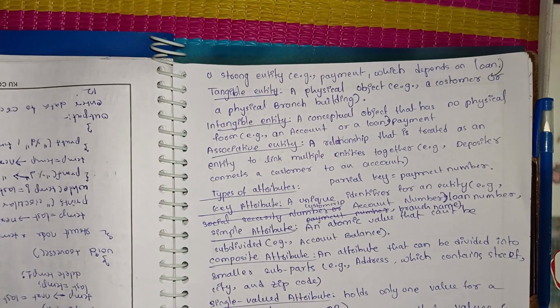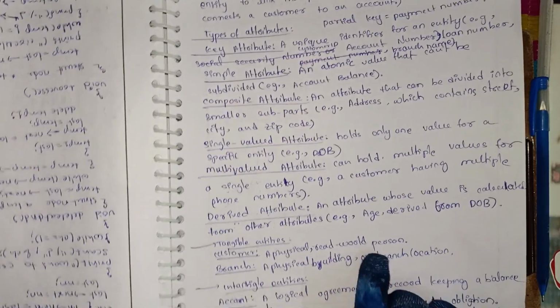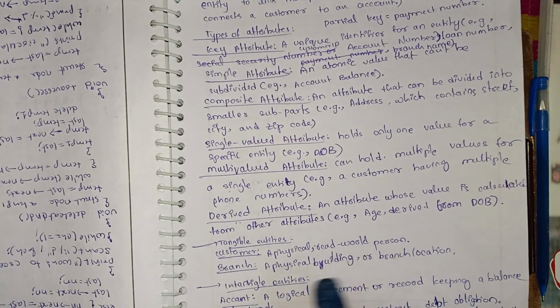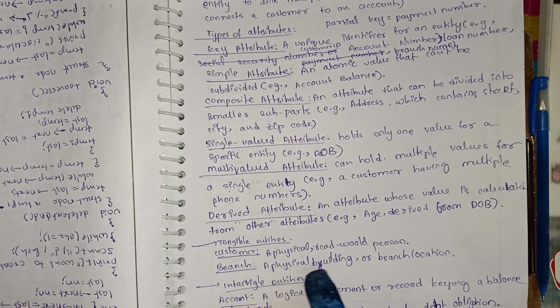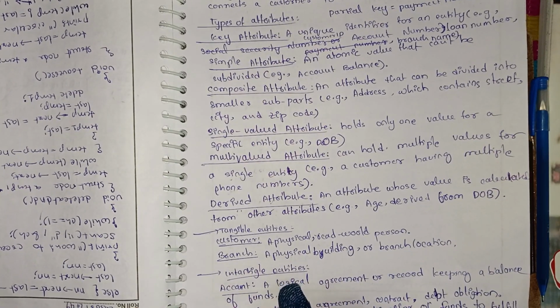A customer is a physical real world person and a branch is a physical building or branch location.